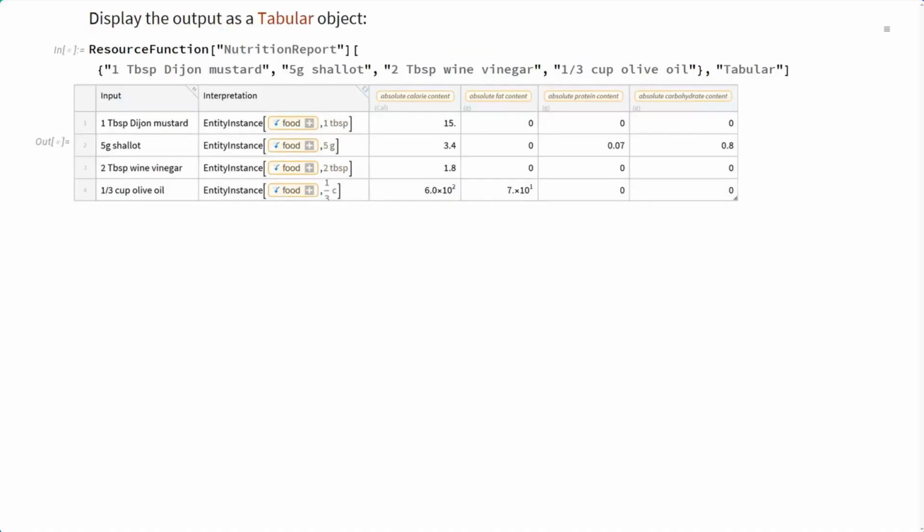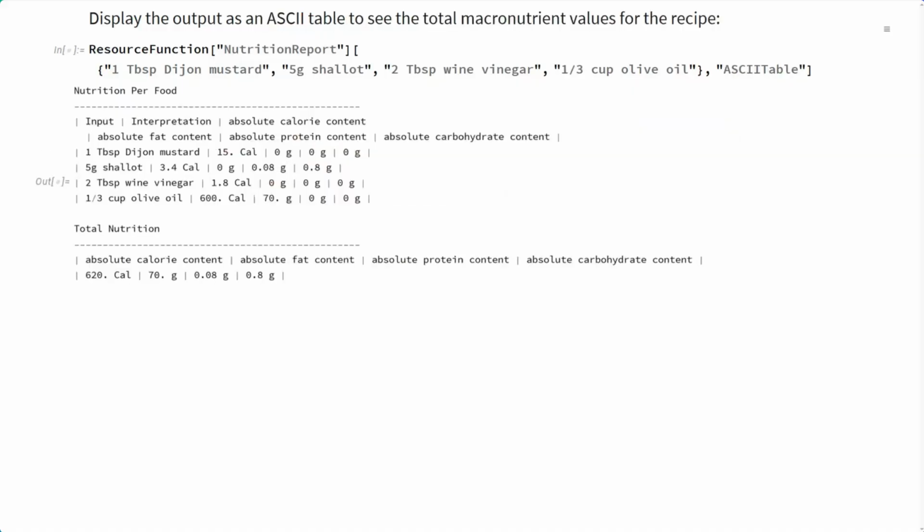Our newest option with the nutrition report function is the tabular. You can create a tabular object. That's been recently added, which is a really wonderful new feature of nutrition report. Also, I like this one a lot. It was outputting an ASCII table. You can request an ASCII table to see these macronutrients for, say, a recipe.